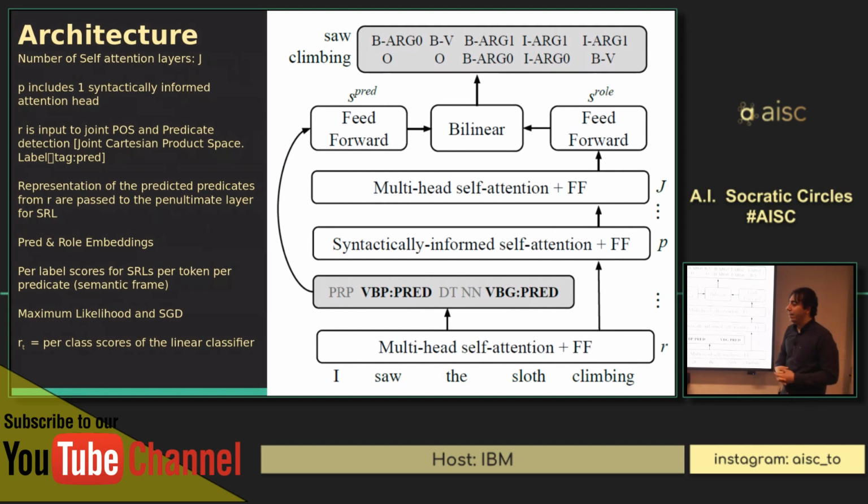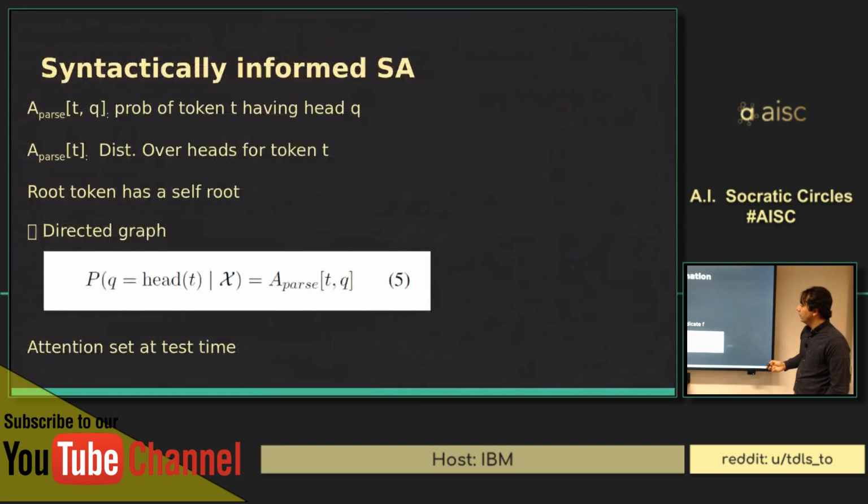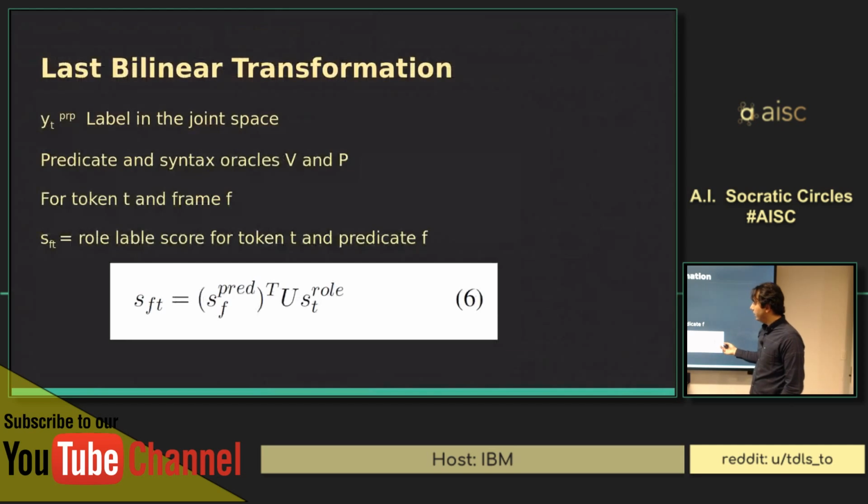So basically, how do I merge these two information flows coming in from your semantic role embeddings and your predicate embeddings? Again, another bilinear transformation, and getting your final representation, which then you can classify your semantic roles with final classification of semantic roles.